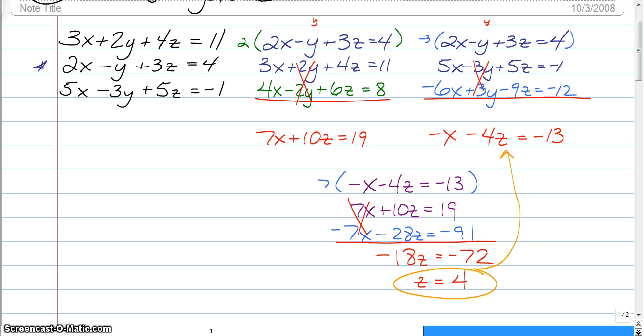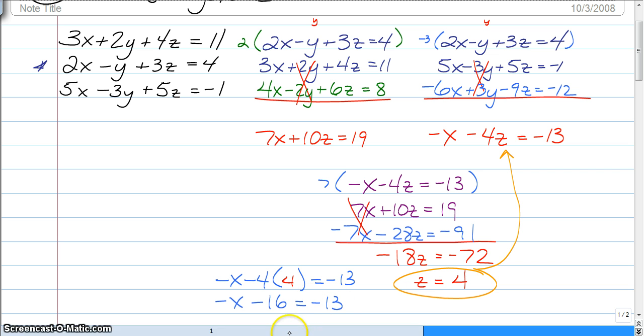So that's going to give us negative x minus 4 times z, which we found is 4, is equal to a negative 13. So that's a negative x minus 16 is equal to a negative 13. Add your 16 to both sides, and then that's going to give you a negative x is equal to 3. So you get x is equal to a negative 3.